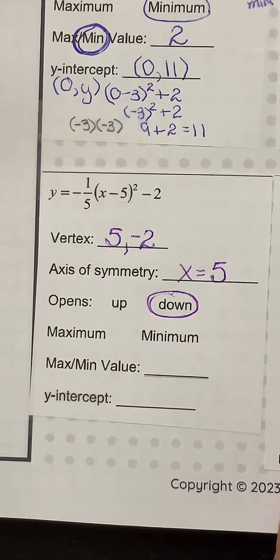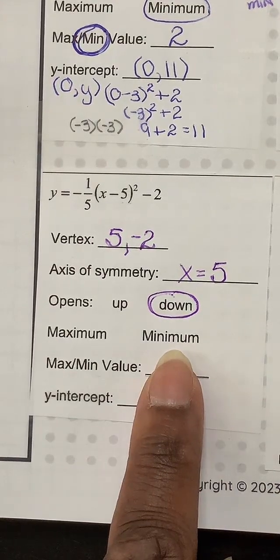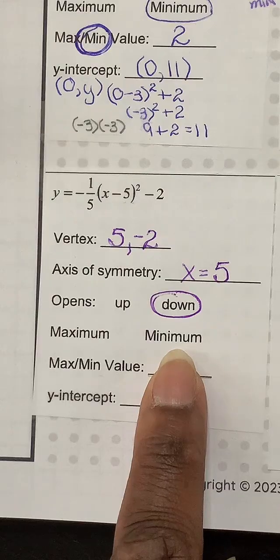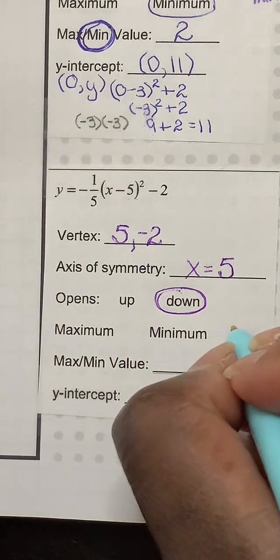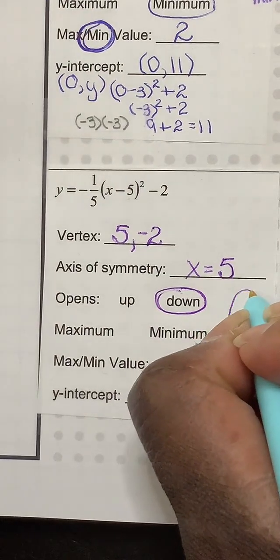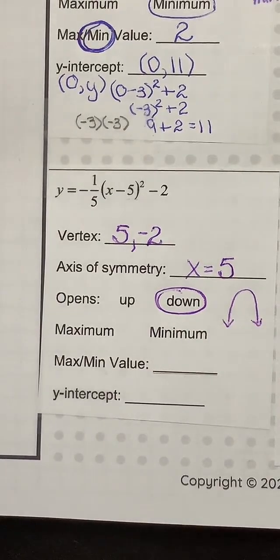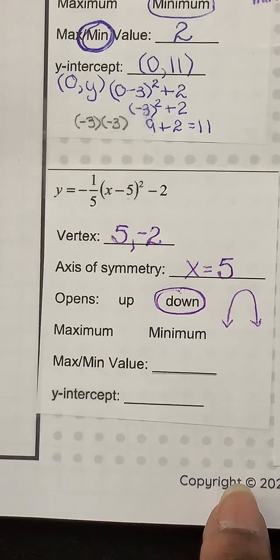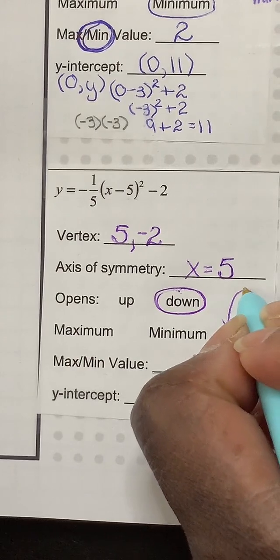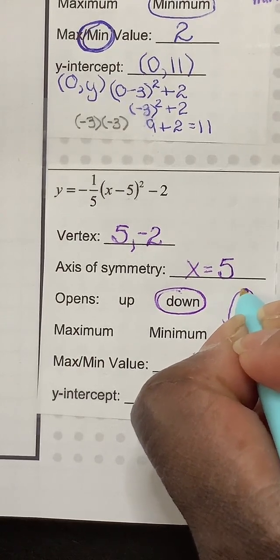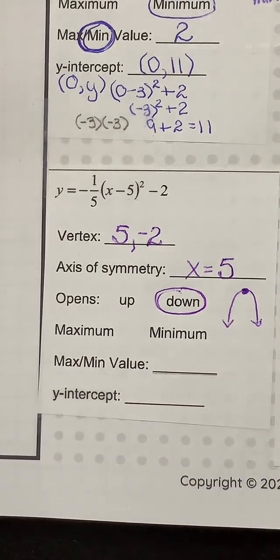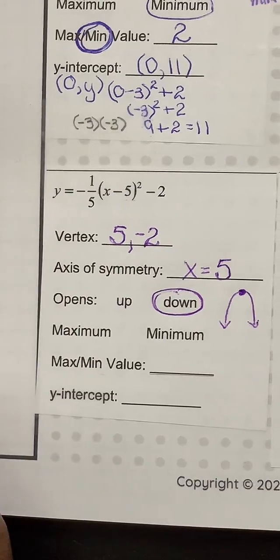So do I have a max or a min if it opens down? If you're not sure, sketch. Because I know I'm a visual learner. So if it opens down, what's my vertex?